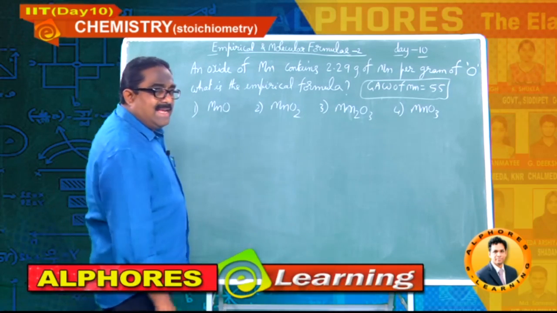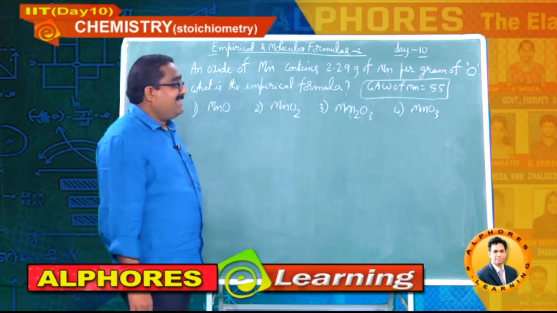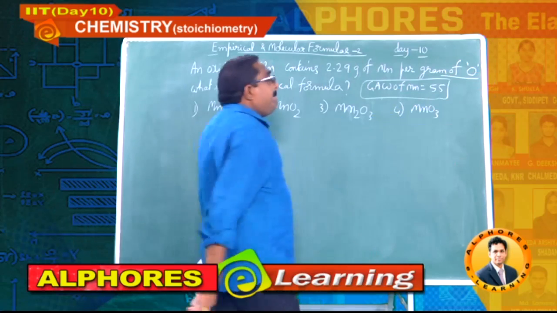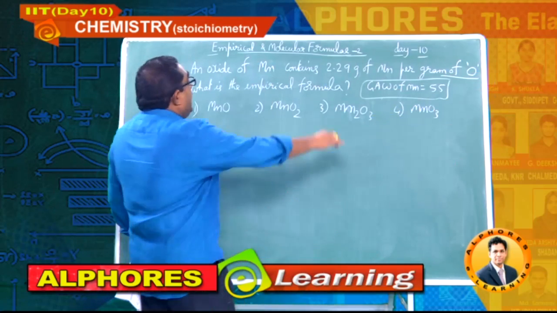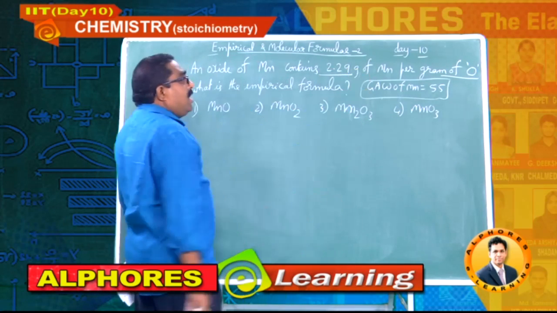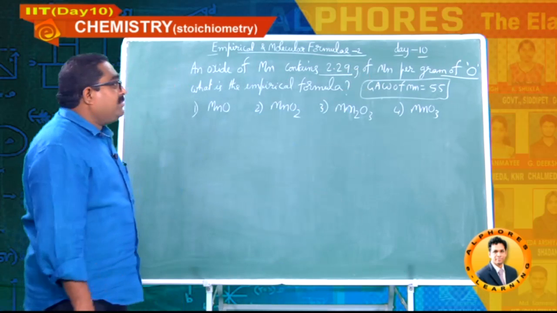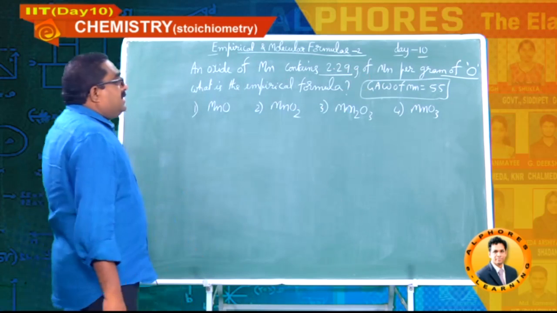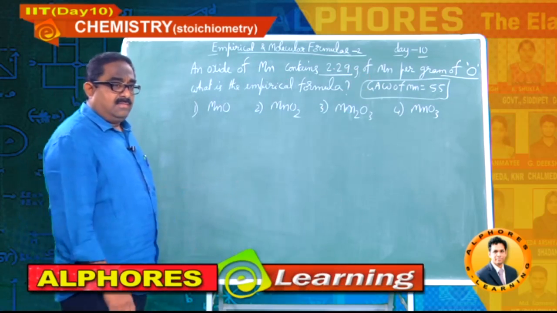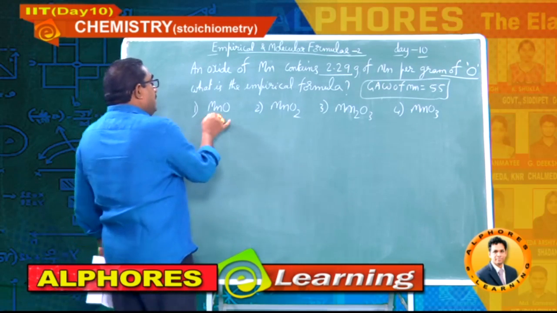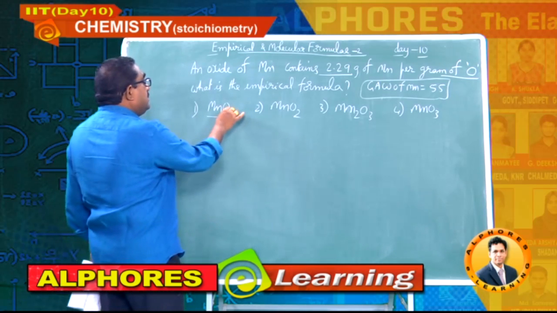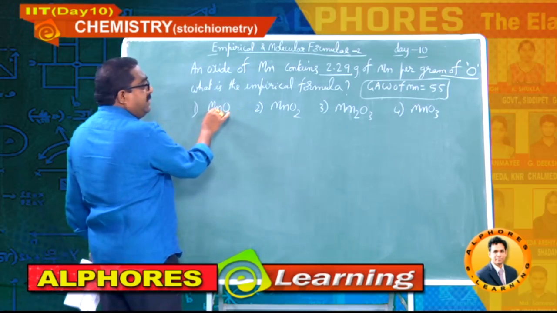What exactly has he given in the question, students? For every 1 gram of oxygen, there should be almost 2.3 grams of manganese. That is the basic condition. Let me check option 1. Here 1 oxygen, 1 manganese.